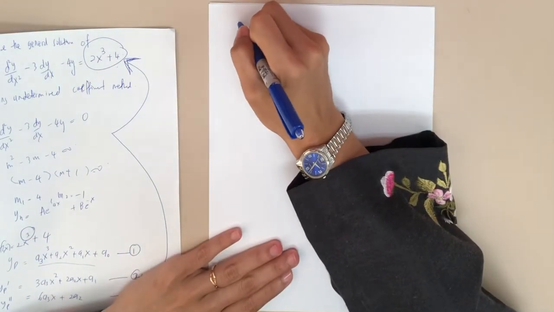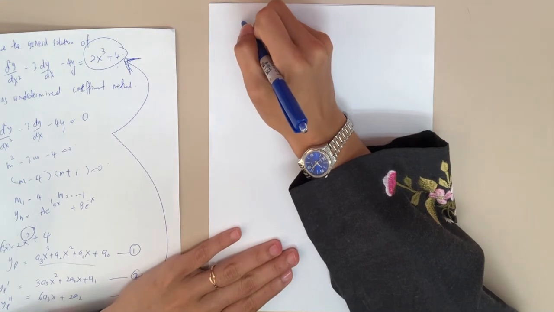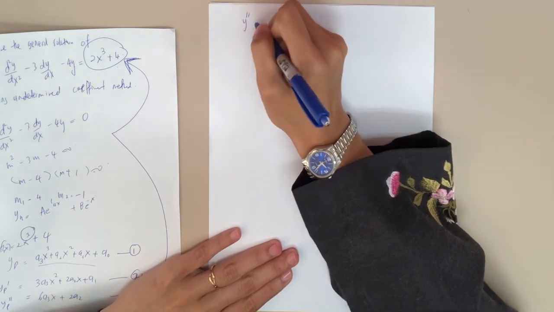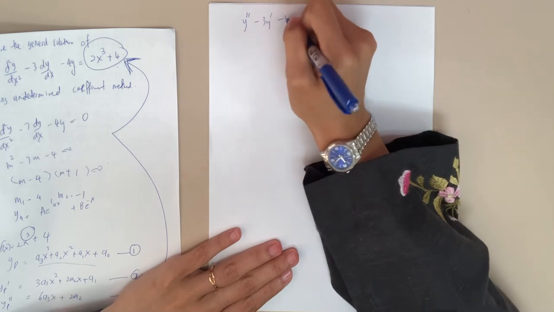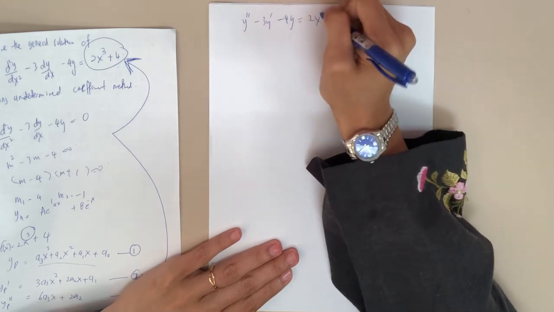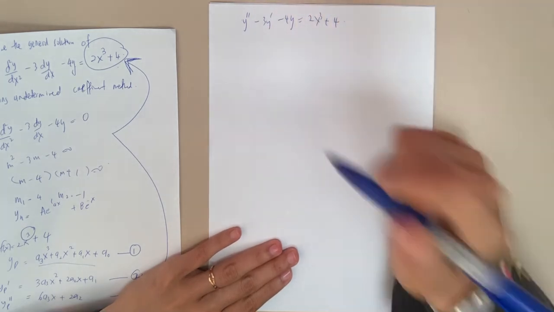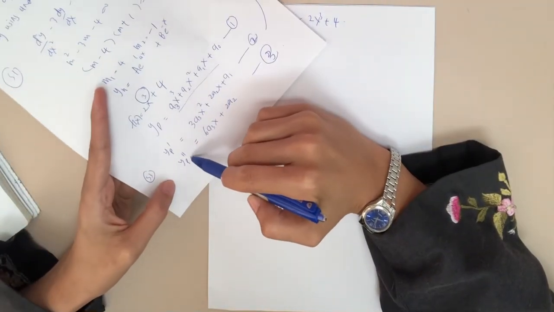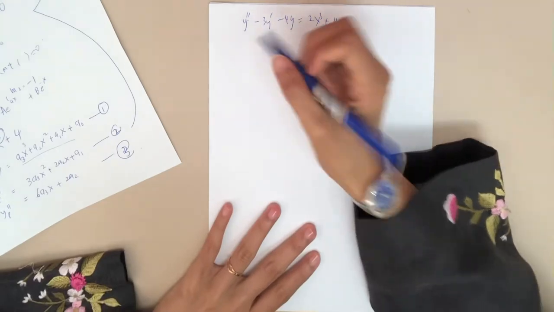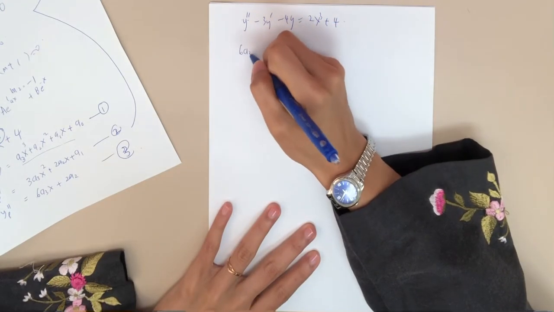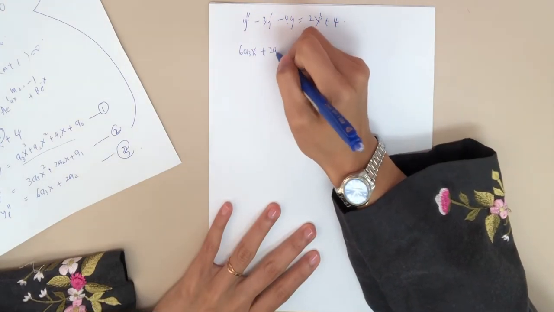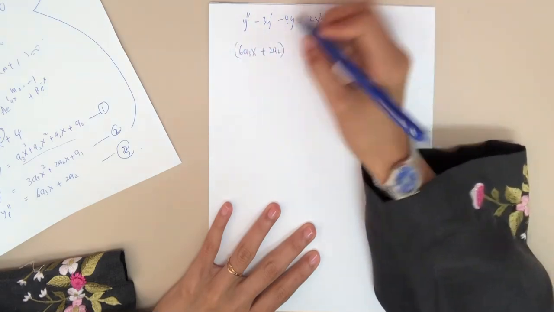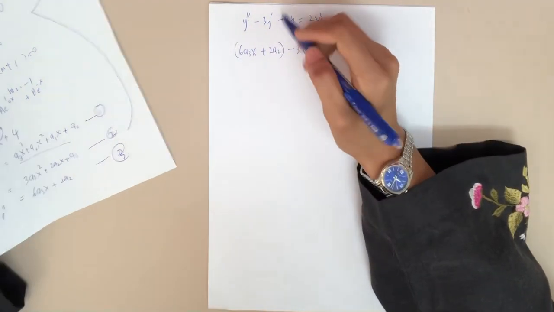So just now your equation is y double prime minus 3y prime minus 4y equal to 2x cubed plus 4. So y double prime you will substitute this one, yp double prime. So it will be 6a3x plus 2a2, close bracket, and then we continue with the y prime.